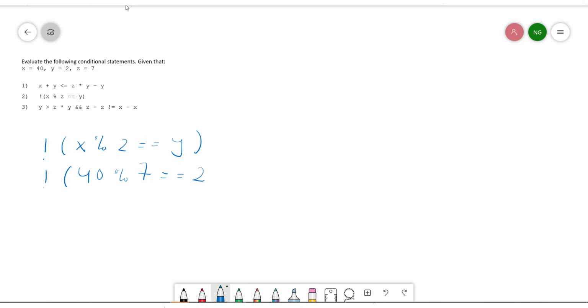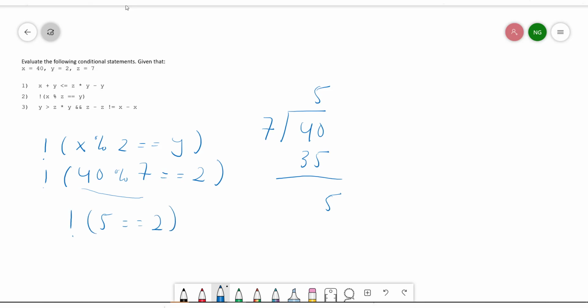So we'll put 2 here. So we'll solve this one first. So 40 modulus 7 would mean the remainder. So this would be 35 and this is 5, so the remainder would be 5. So 5 equals to 2, not. Okay, so is 5 equals to 2? So that is false. So not false would be true.